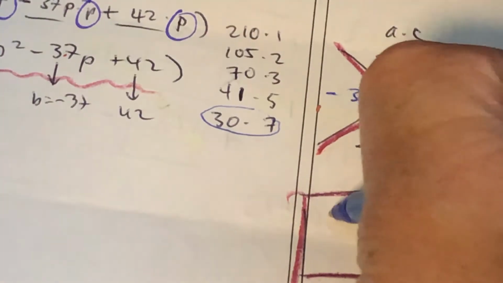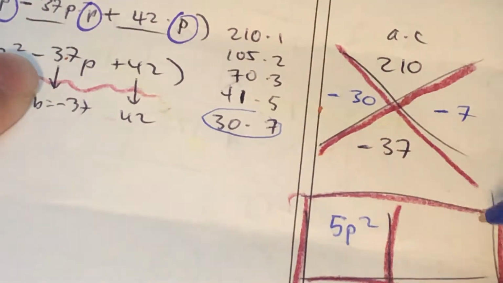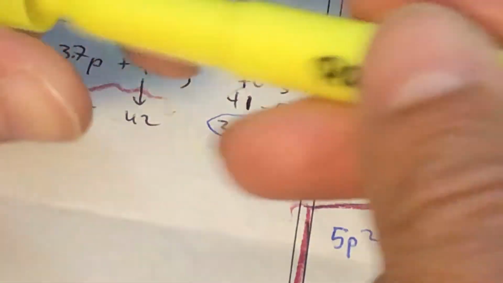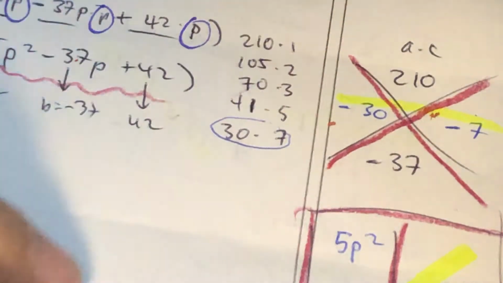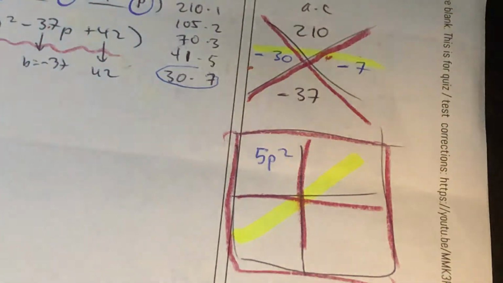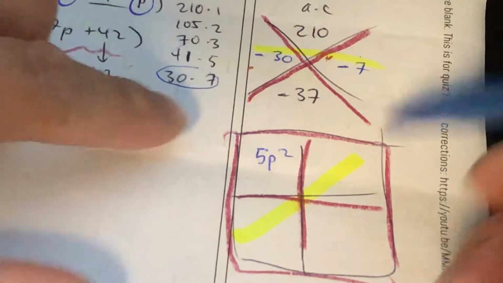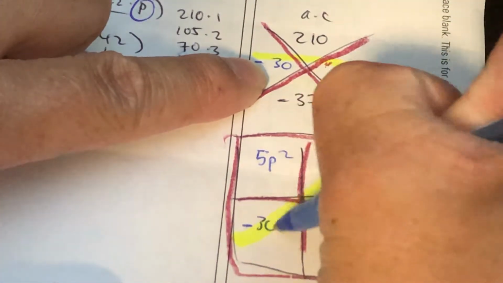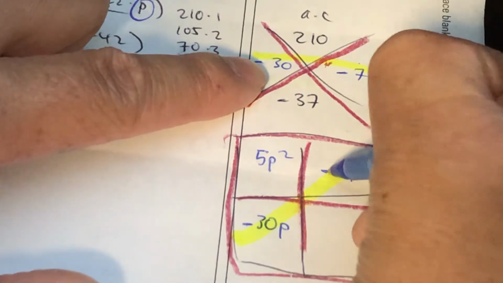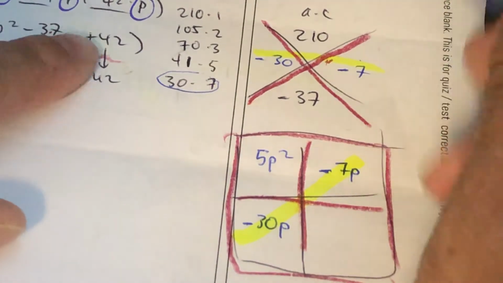So I have 5p squared, and then the middle terms that I just worked on go in those two boxes. Zoom out a little bit. So then I have negative 30p, negative 7p, and then the last one is a positive C value of 42.